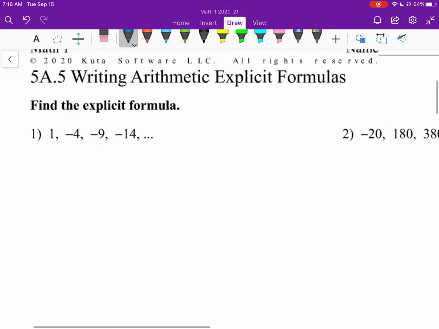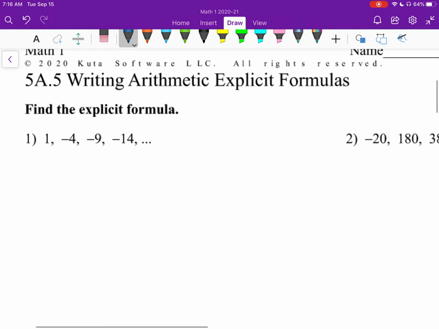So let's look at number one and let's first find our common difference. I'm thinking it's -5. Yeah, every time we subtract 5. So here's a little bit of a formula that we're going to have to use.